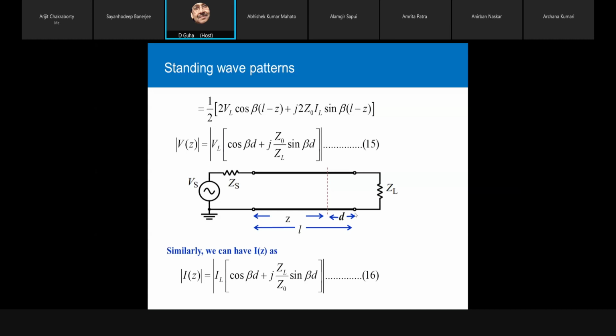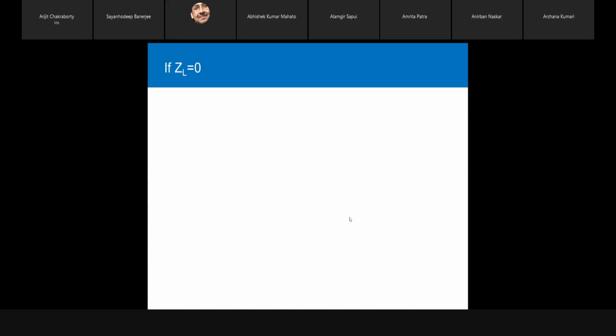So D is the significant distance for your measurement. You measure the parameter somewhere at a distance D. Our point of interest now is not the total length, not Z, rather D. So let's see the condition when ZL equal to 0.